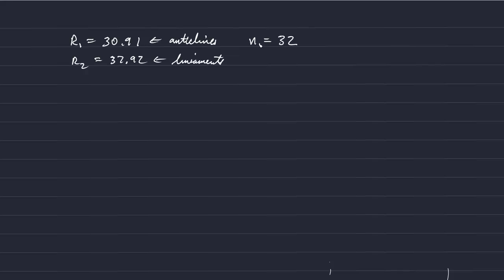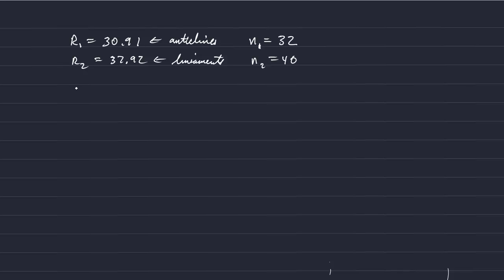Again, I'm summing unit vectors, and if all the vectors were perfectly parallel, then R1 would equal 32. But R1 is less than 32, indicating the spread that we see in the first set of measurements. N2 was equal to 40. So again, the length of R2 is less than 40, indicating some spread in the orientations of the lineaments.